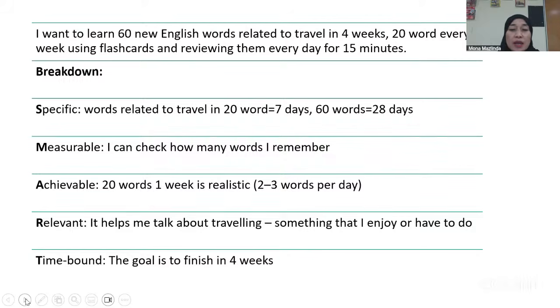This is a very realistic, specific, achievable goal. 60 new English words related to traveling in 4 weeks. It is achievable: 20 words every week using pictures and flashcards, and you will review them every day for 15 minutes.